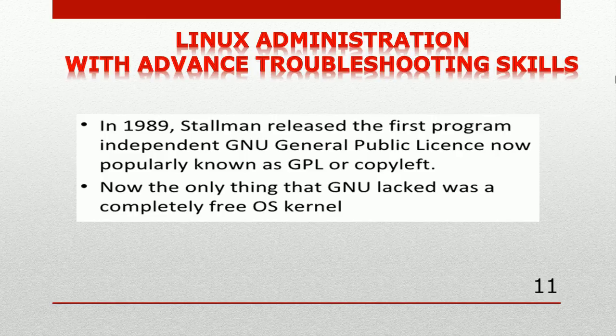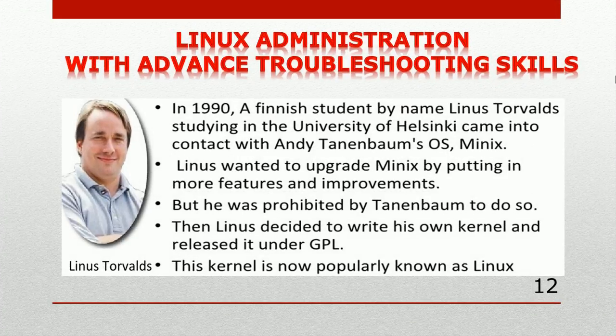So the only thing GNU lacked was a complete free OS. Then a Finnish student named Linus Torvalds, studying at the University of Helsinki, came into contact with Andy Tannenbaum's OS, Minix.